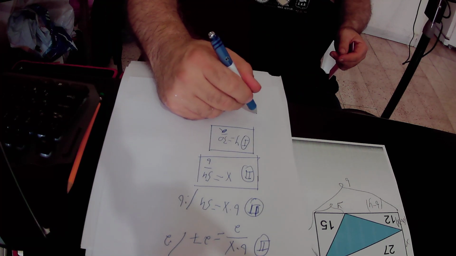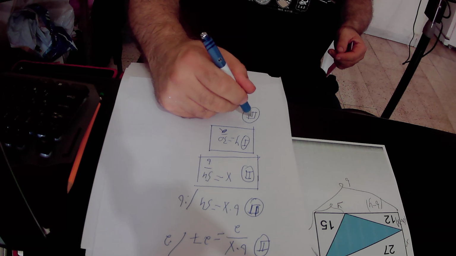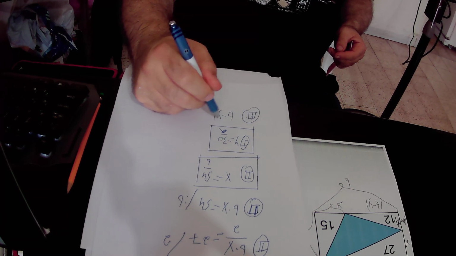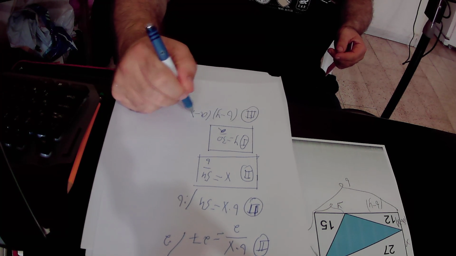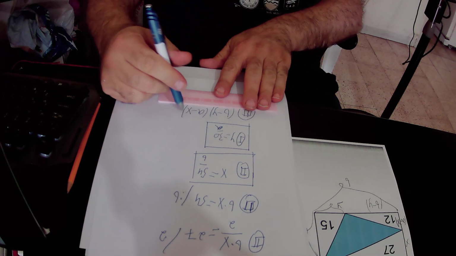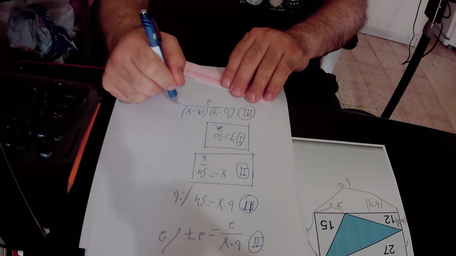So the third equation is actually b minus y times a minus x, all divided by 2, equals 12.